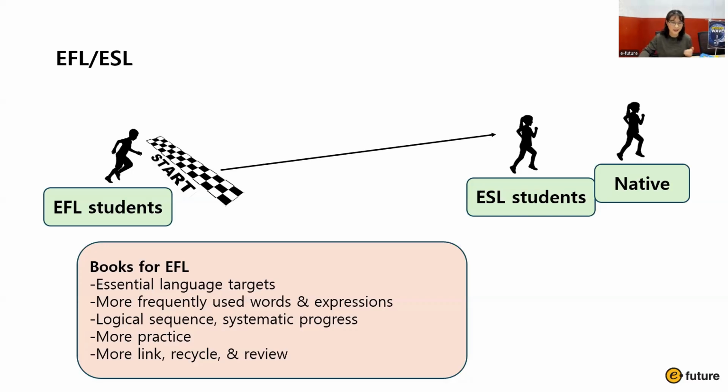The language targets should have a logical sequence and follow systematic progress, with more practice, hopefully more fun practice, and more link, recycle, and review. We have very limited exposure to English, so we need more link and more recycle.